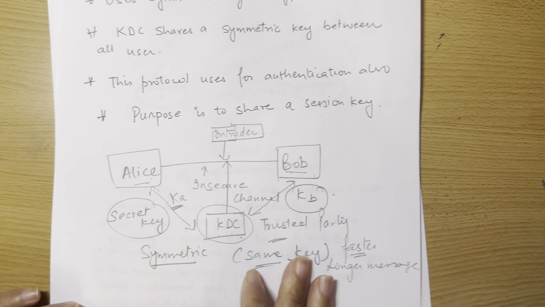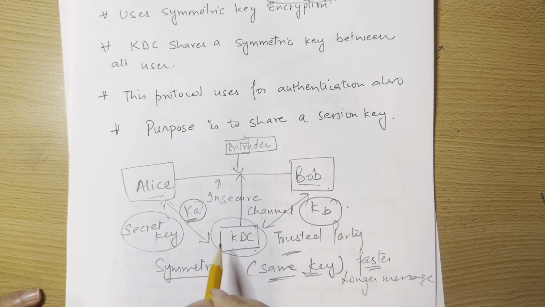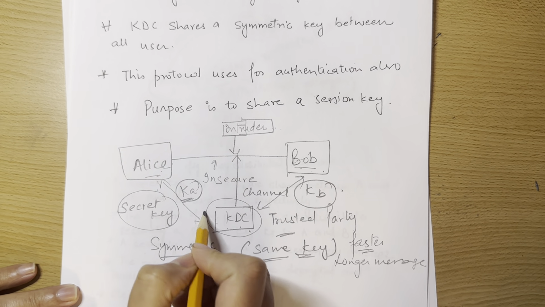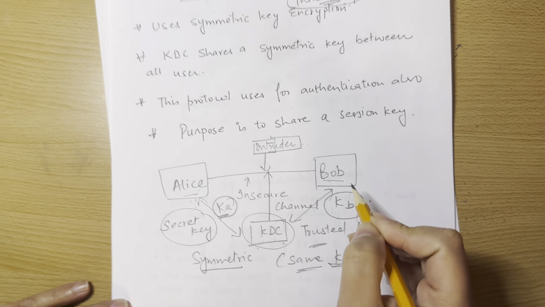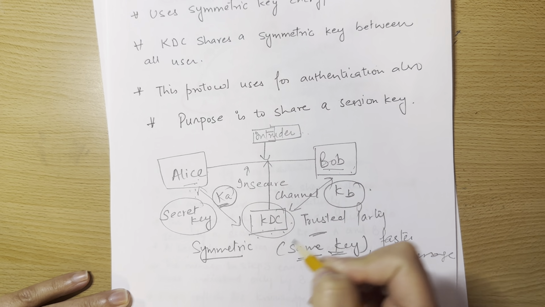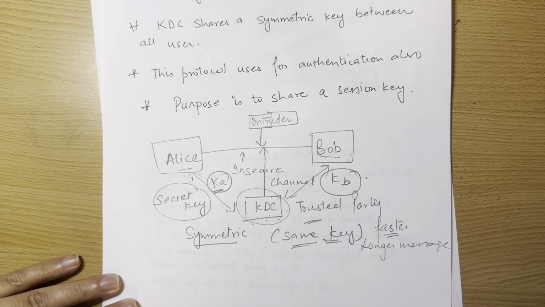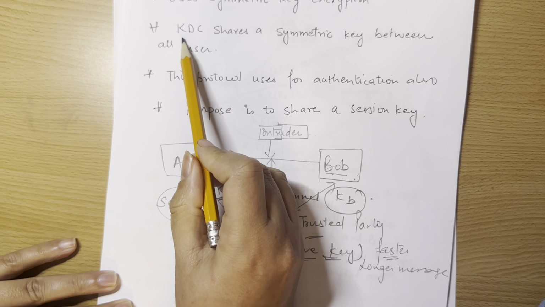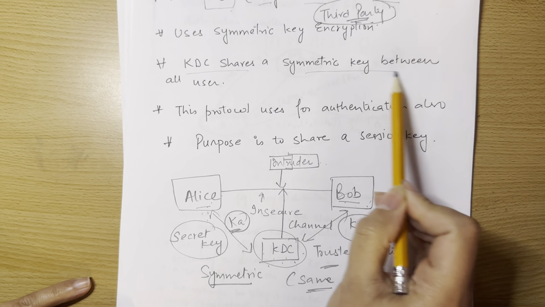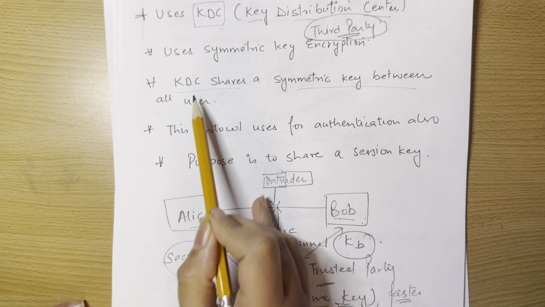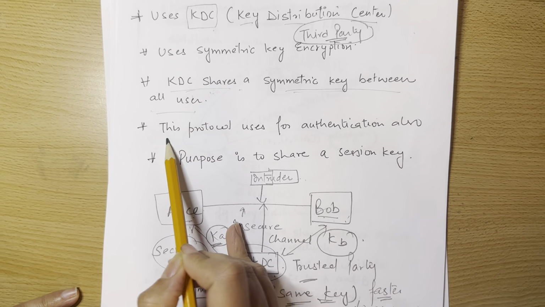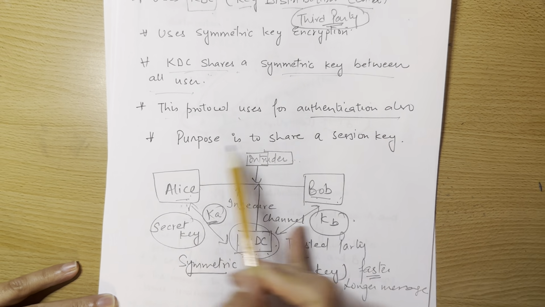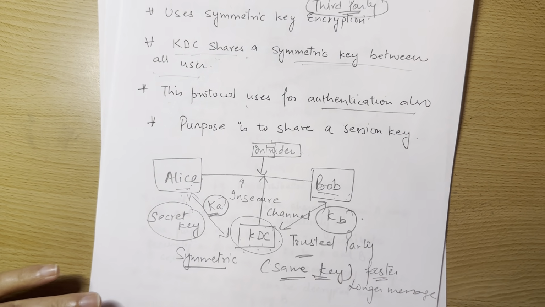So Alice and KDC already know that KA is the secret key between Alice and KDC. KB is the secret key between Bob and KDC, which is already shared before. Now we will see how KDC shares a symmetric key. This protocol is used for authentication also. The purpose is to share a session key.